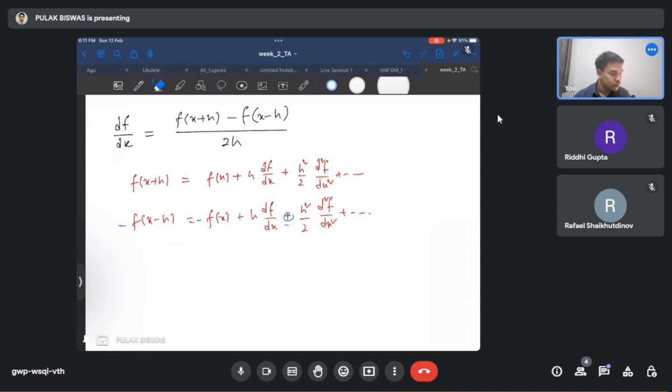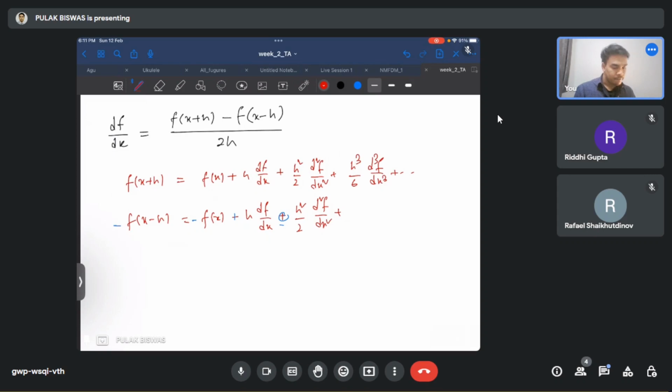But if we keep the other third term as well, similarly here, then it will become positive.